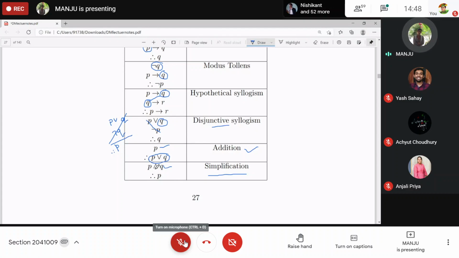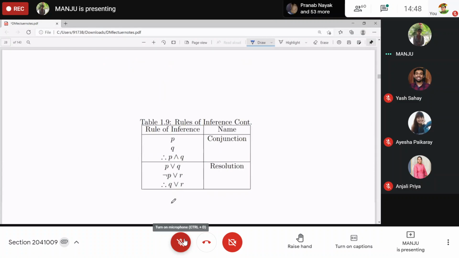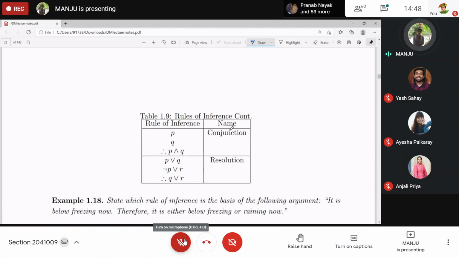So from P and Q, you can simplify P as well as Q. Then you have conjunction. You have two statements, P is given, Q is given, meaning both statements are given, so you can easily take the conjunction of both. That means we have P and Q.